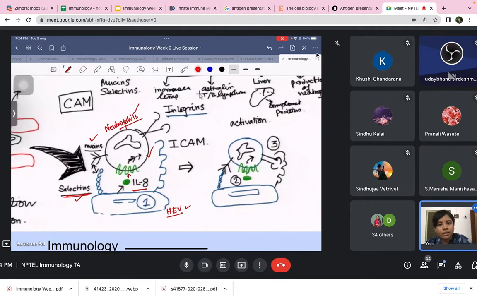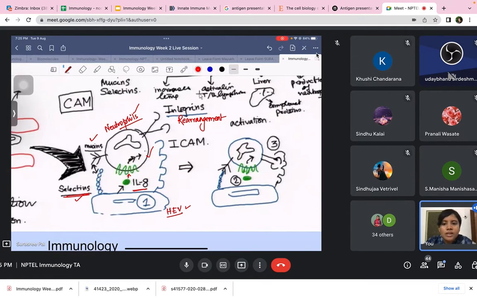This IL-8 binds to this receptor on the neutrophil surface, which actually allows the rearrangement of the integrin molecules. What are these integrins? These integrins are also cell membrane molecules, right? These are cell membrane proteins attached to the cell membrane, or you can say transmembrane proteins.